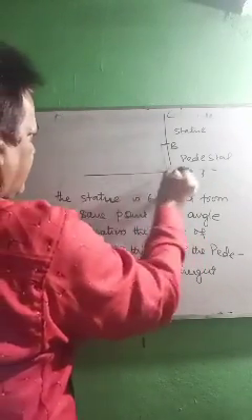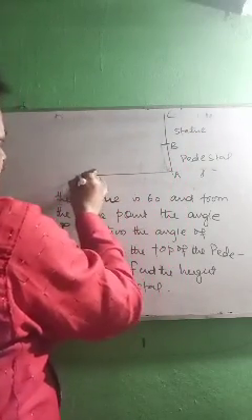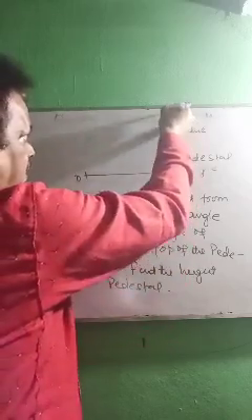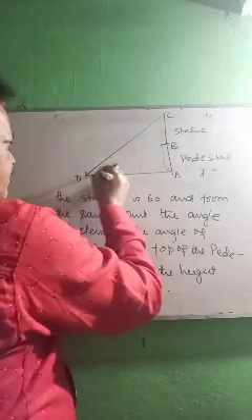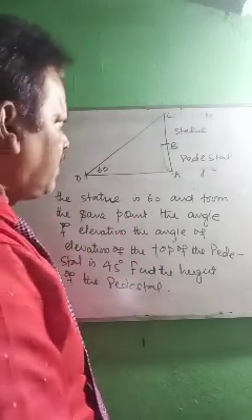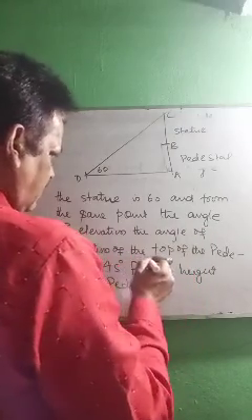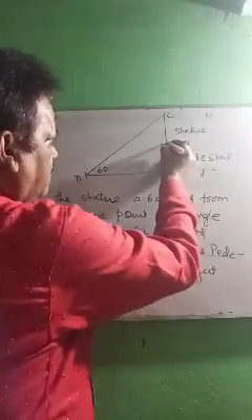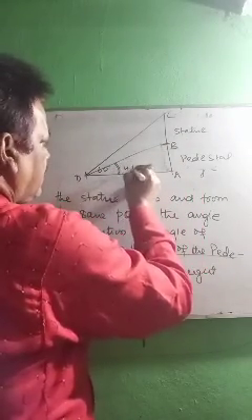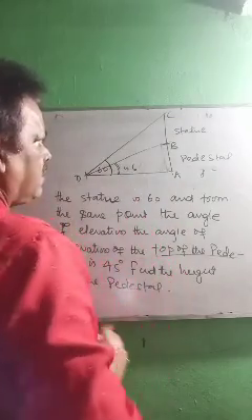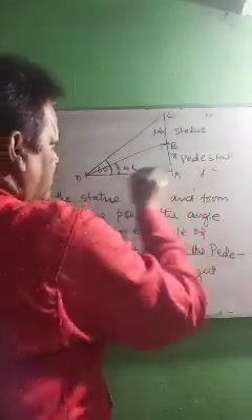There is a point here. This is the point. Suppose D. Top of the statue is how much? 60 degree. From the same point, the angle of elevation of the top of the pedestal means this point, 45 degree. This angle is 45 degree. This is your 60 degree. So this is 1.6. So this is x, this is y.